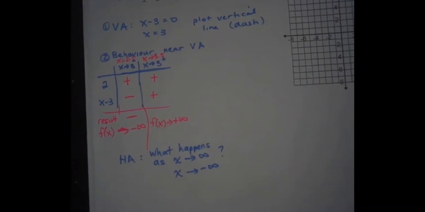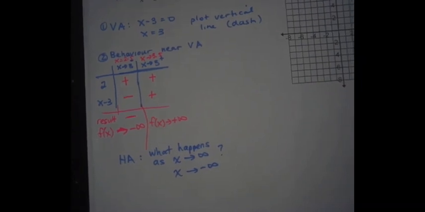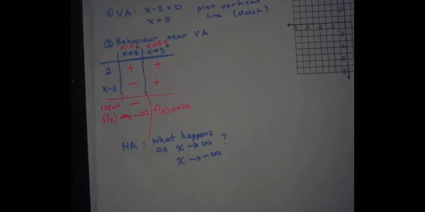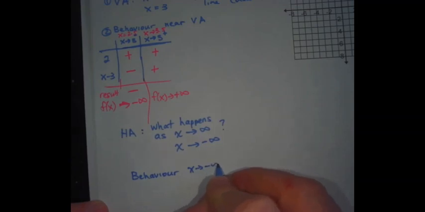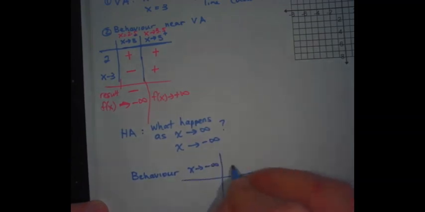So what we do is, there's two ways of doing this. What we end up doing is putting in really, really big numbers for x. So it's like looking at our behavior as x approaches negative infinity and x approaches positive infinity.